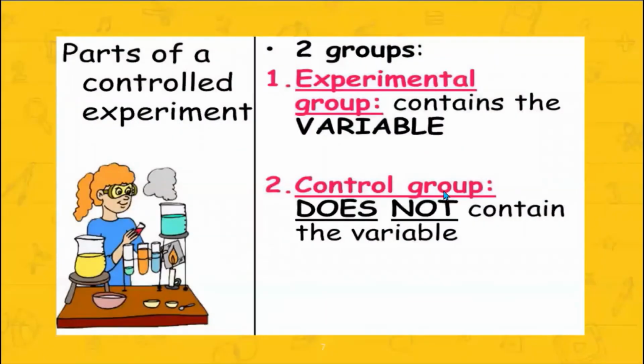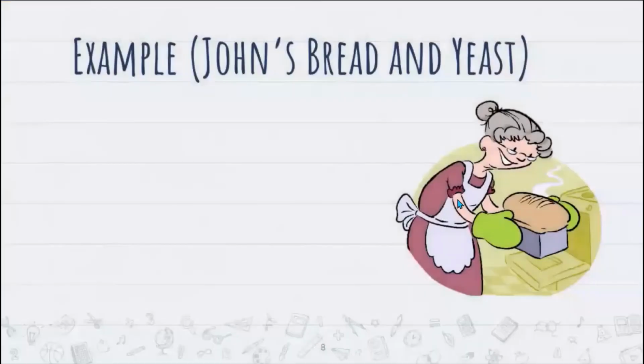Now, again, there are two parts or subgroups in a controlled experiment. We have the experimental group that contains your variable, and the control group which does not contain the variable, and it is used only for comparison. So let us have an example. In John's bread and yeast experiment, John wanted to know if the amount of yeast affects the bread.